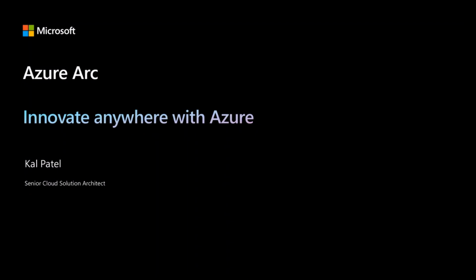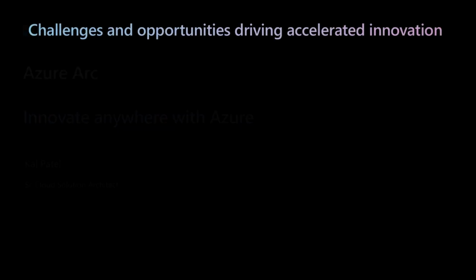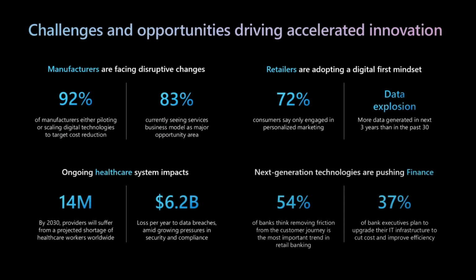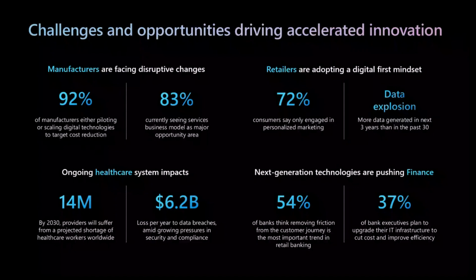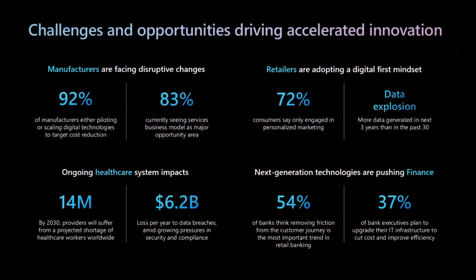And before we jump into the Arc capabilities, I'd like to take a couple of minutes and talk about where Arc comes into the picture, and what the need was for Microsoft to invest in these hybrid services. So to start with, if I quickly touch base on the needs, if we talk about specific industries, there are manufacturing industries where they want to build more agile factories or create more resilient supply chain solutions.